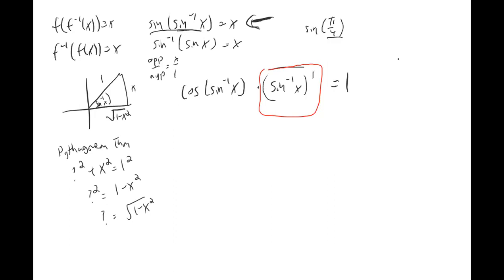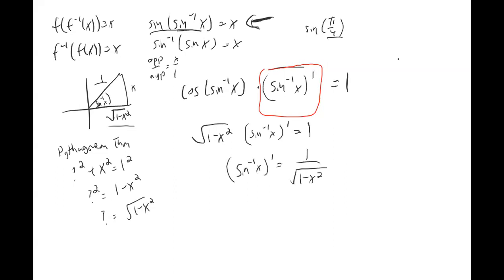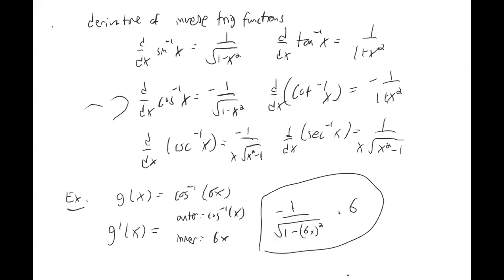Cosine is adjacent over hypotenuse. So adjacent is this, hypotenuse is 1, so it's just square root of 1 minus x squared. So the derivative of sine inverse is this, as you can see from the rule.